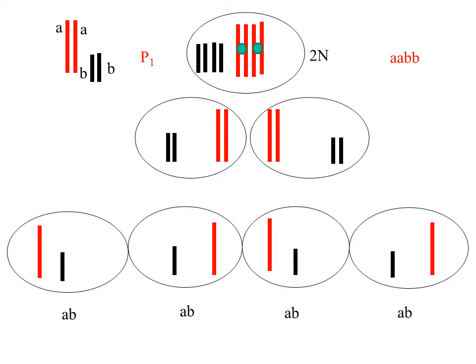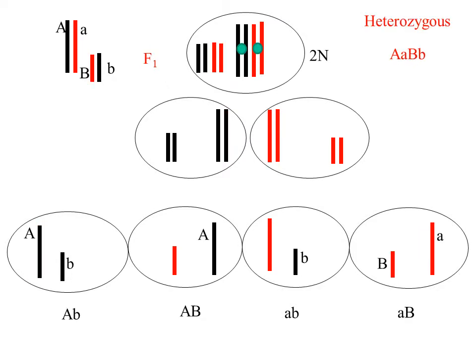This is the same process for the homozygous recessive for both genes. You're also going to go through meiosis 1 and 2 and produce 4 haploid cells, but these cells are going to have a little a and a little b in it. When you cross those two individuals, you will get a heterozygous individual.